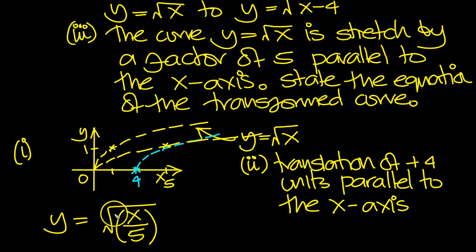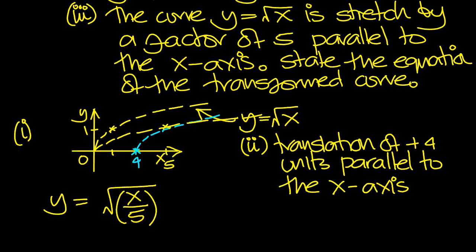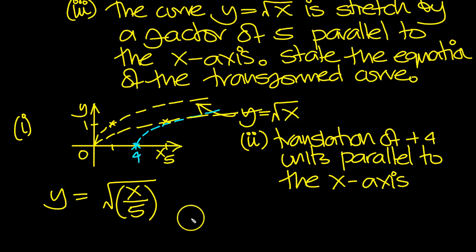So it is x over 5. Had we tried 5x, we would see it was wrong. So you do this more or less by trial and error. Stretching, we put the number underneath by a whole number factor. Okay, so y equals the square root of x over 5, and that's part 3.